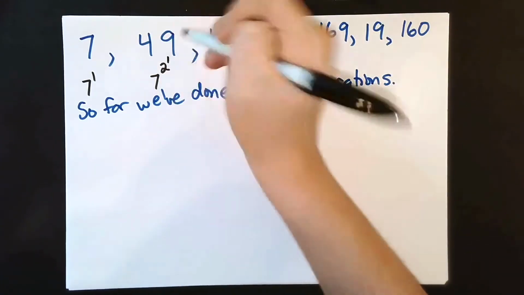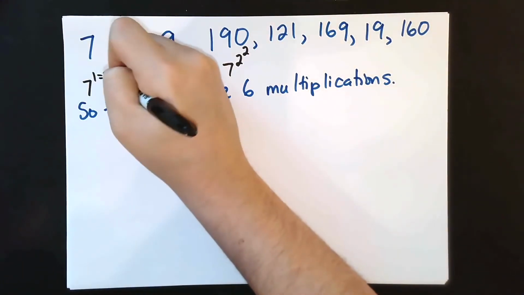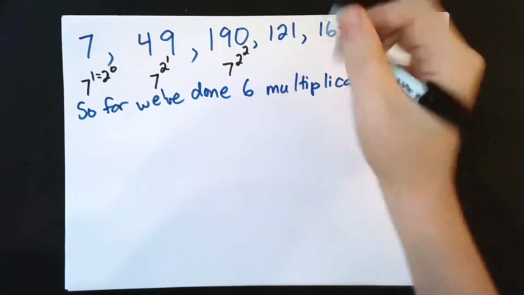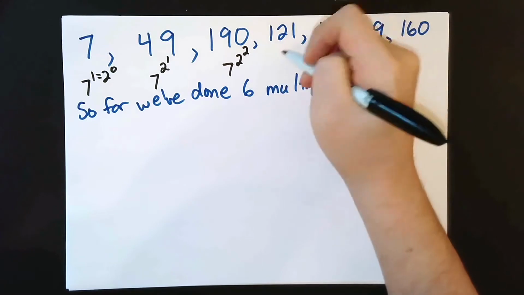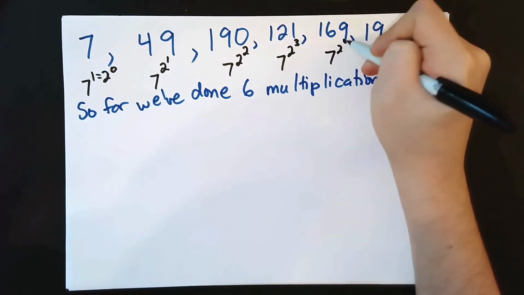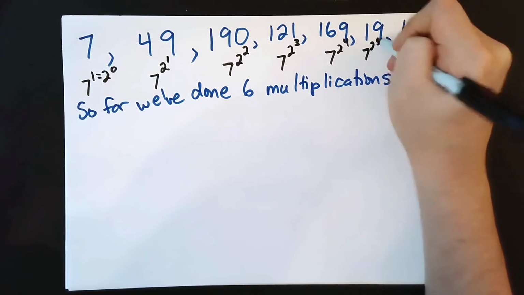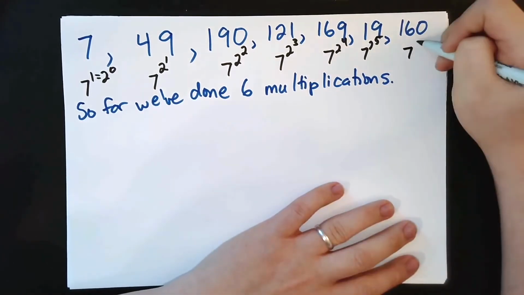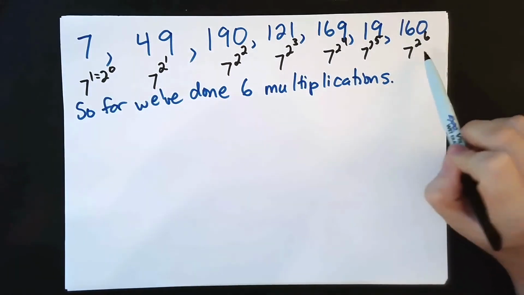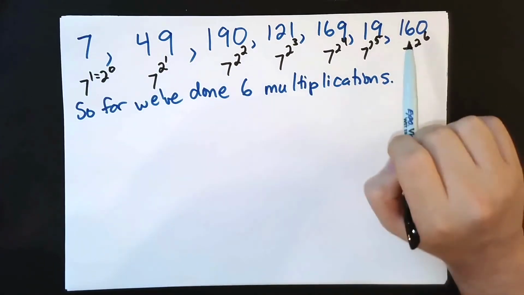So this is 7 to the 2 to the 0th, 7 to the 2 to the 1st, 7 to the 2 squared. If I square 7 to the 2 squared, you can check that I get 7 to the 2 cubed, 7 to the 2 to the 4th, 7 to the 2 to the 5th, and 7 to the 2 to the 6th. So that's just labeling what all of these numbers I have written down are.